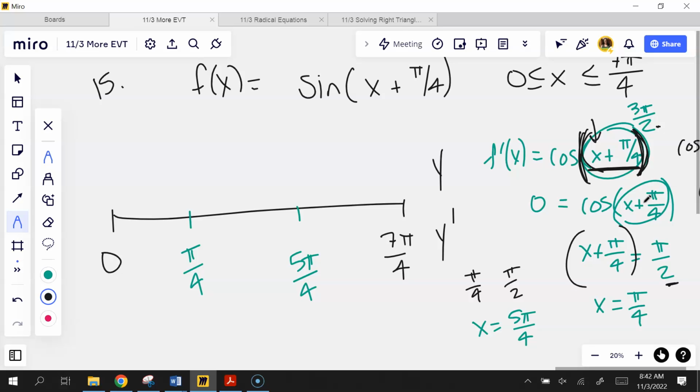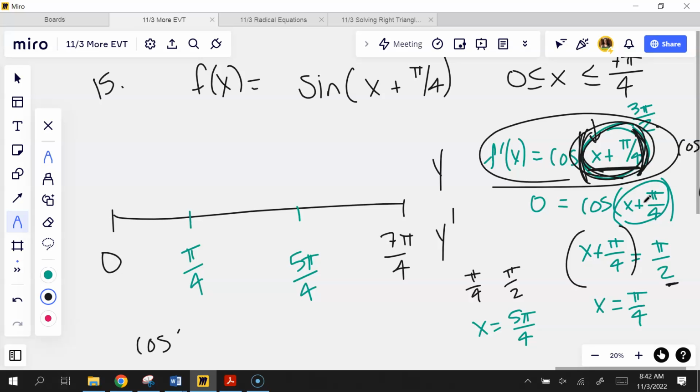What's the sign of cosine there? Positive or negative? Well, so I'm looking at my derivative, okay? So between 0 and pi over 4, what's a value? Pi over 6? Okay. If you plug pi over 6 in here for x, is cosine going to be positive or negative?